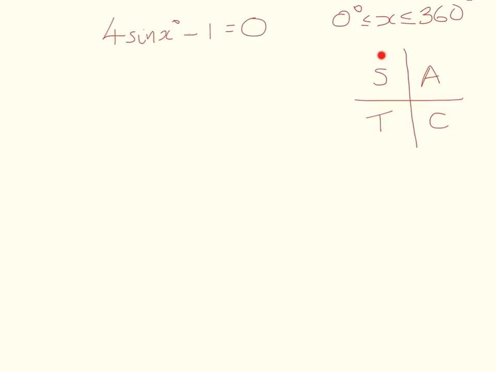In the second quarter, only sine is positive, only sine is above the x-axis. Both tan and cos are below. In the third quarter, only tan is above the x-axis, only tan is positive. And in the fourth quarter, the final quarter, only cos is positive.